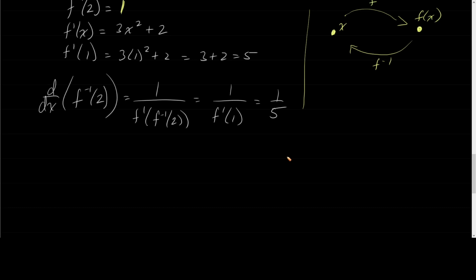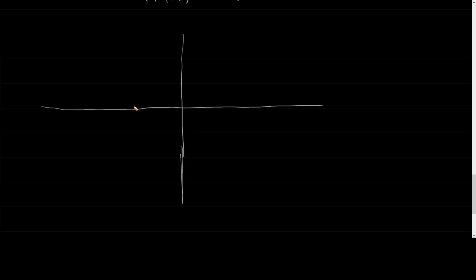So let's see visually, what did we just find? So here is our x and y plane, I should be saying. And let's say our function here, I'll draw in yellow, and it looks something like this.